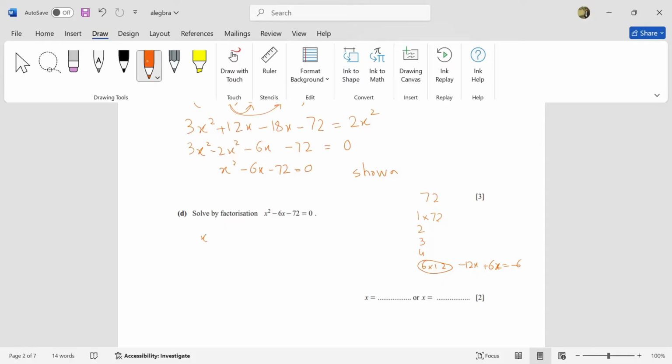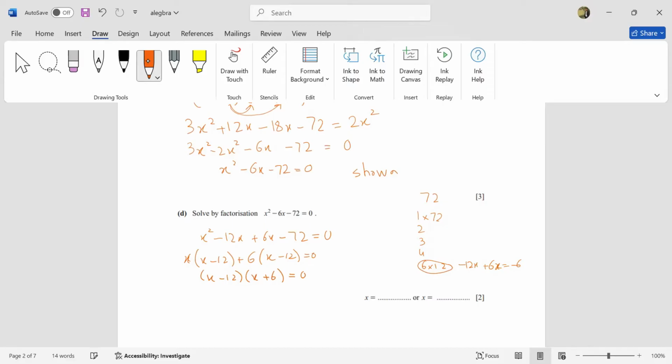So x squared minus 12x plus 6x minus 72 equal to 0. From the first two terms, let's take x common, x minus 12, 6 common from the next two terms, x minus 12 equal to 0, (x minus 12)(x plus 6) equal to 0.